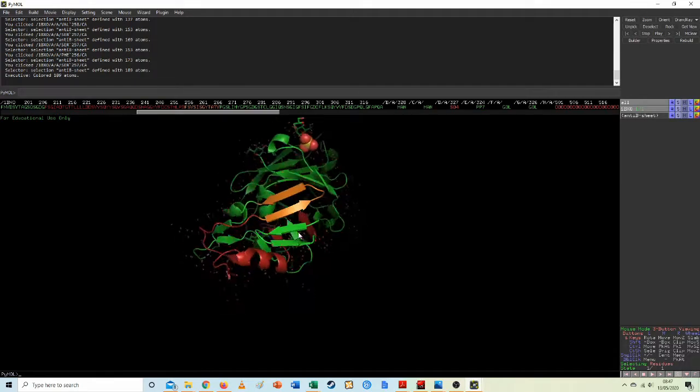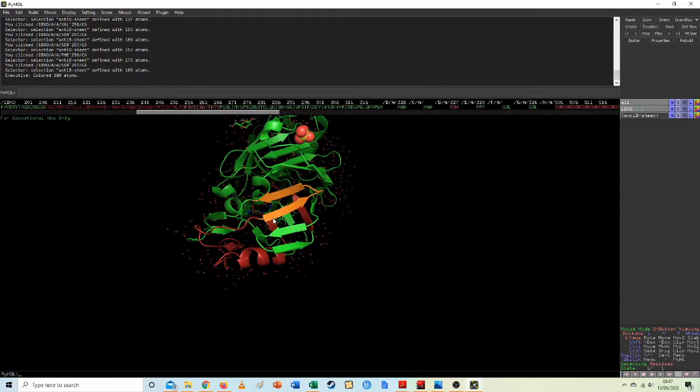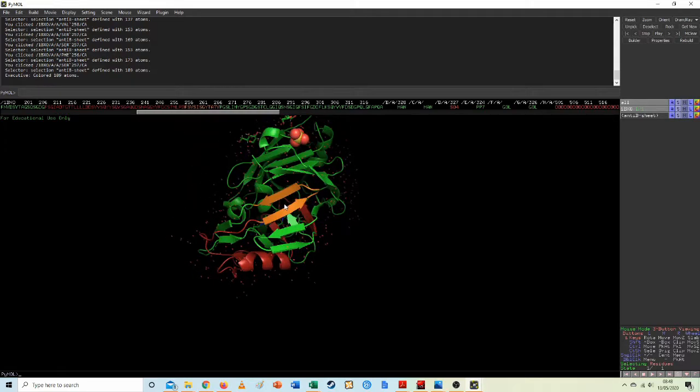That's why a lot of the work that goes into this is quite detailed and quite tricky and quite interesting. But the main thing I'd like you to know for these beta pleated sheets is that they are lines of the polypeptide that pass each other, forming basically a flat surface.